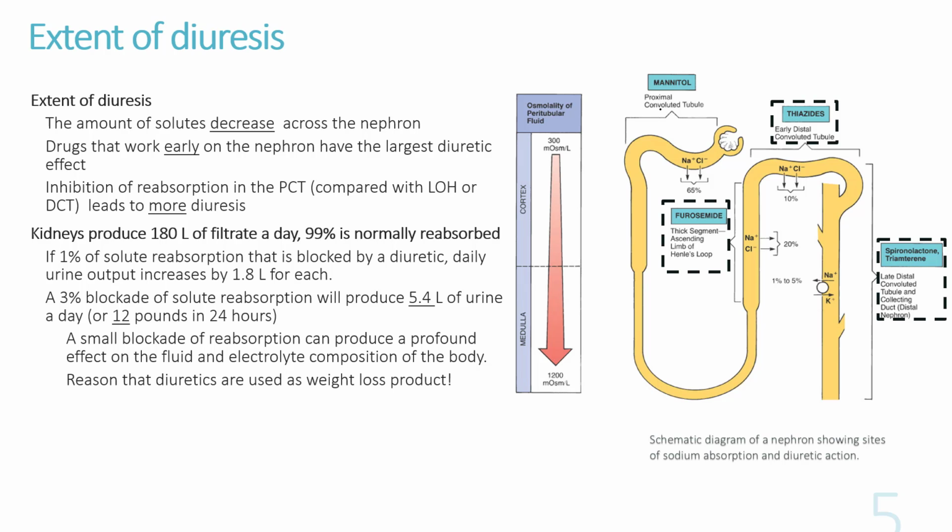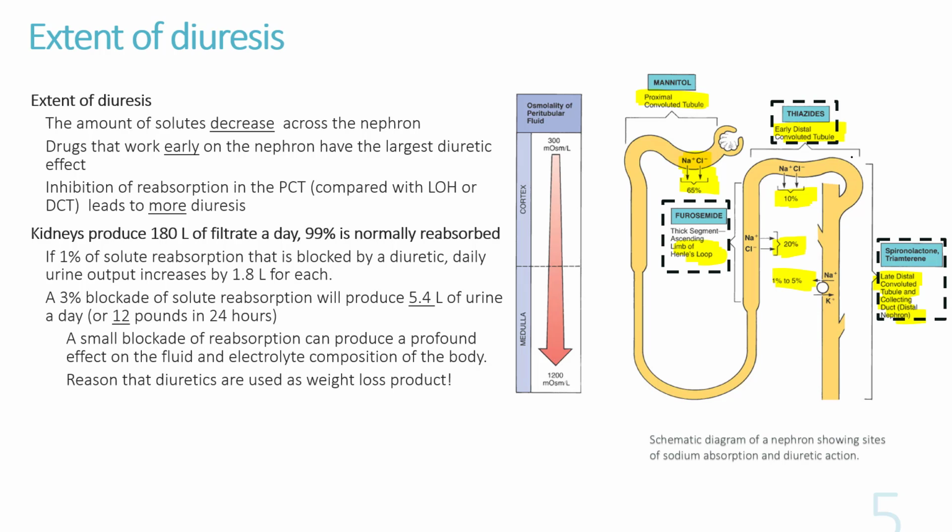At the proximal convoluted tubule, 65% of sodium is reabsorbed. At the loop of Henle, 20% of sodium and water is reabsorbed. At the distal convoluted tubule, it's 10%, and at the late distal convoluted tubule and collecting duct, it's 1 to 5%.